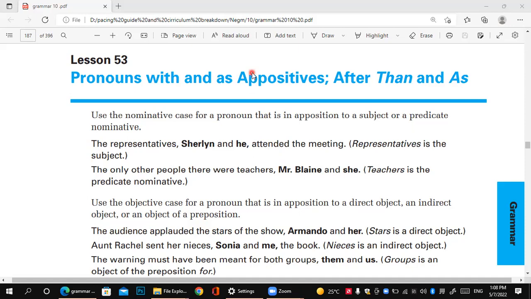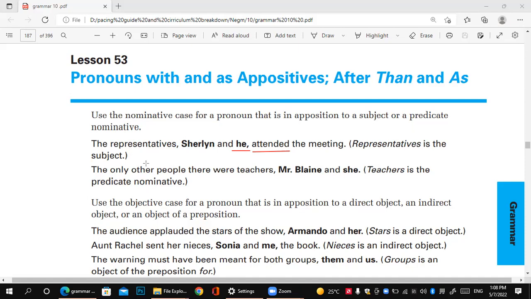The verb is attended. Exactly. Everything before the verb is subject, so we have to use "he". Why "he", not "him"? Because the representatives are the subject, Sherlin and he.